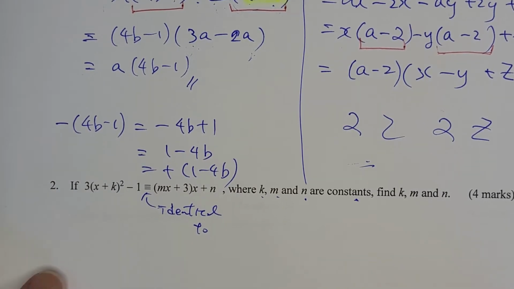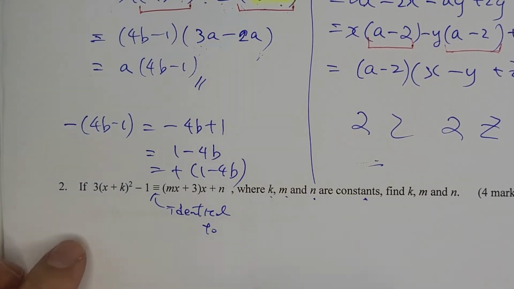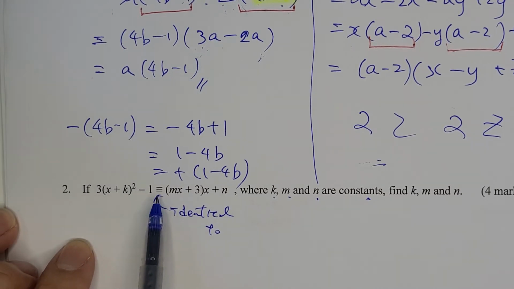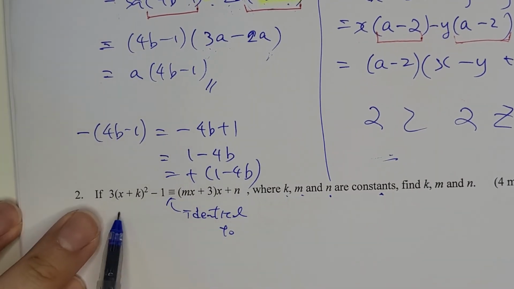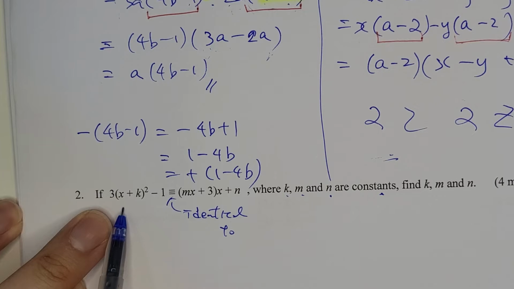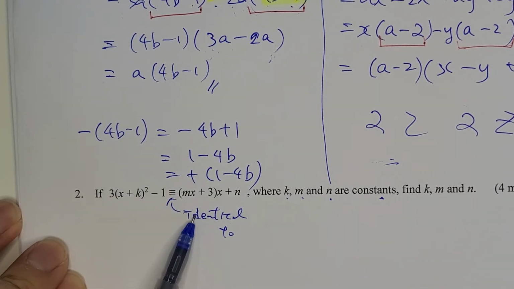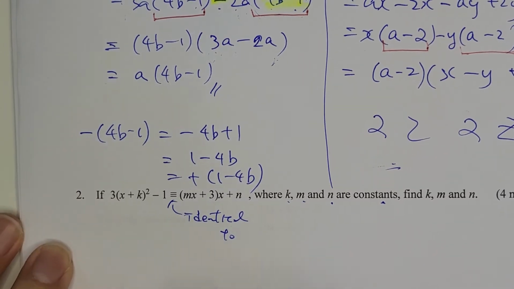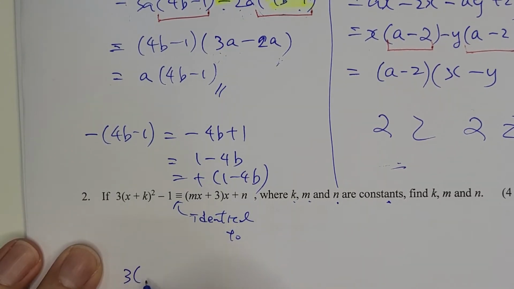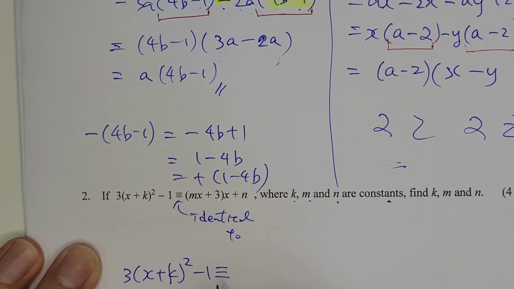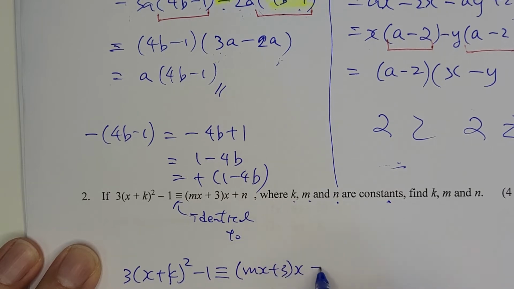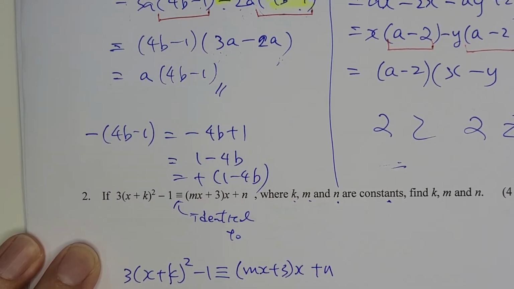And here, the usual method is, as the question told you that this is an identity, you can compare some terms on left-hand side and right-hand side. They must be equal. So you can start with this one, 3(x plus k)² minus 1, identical to (mx plus 3)(x plus n).